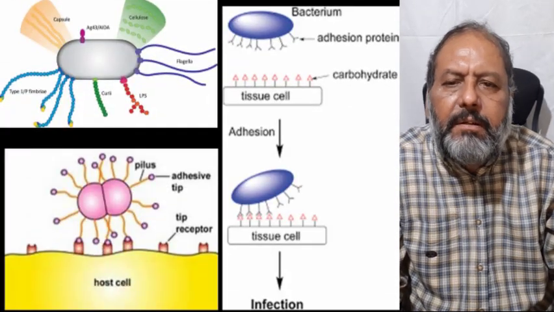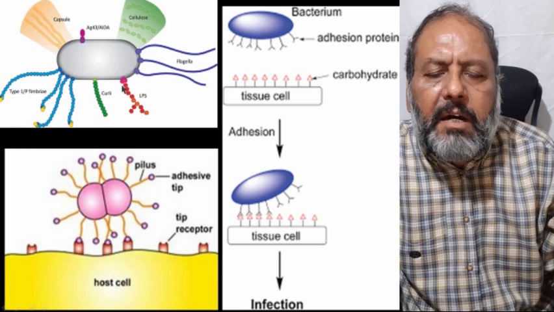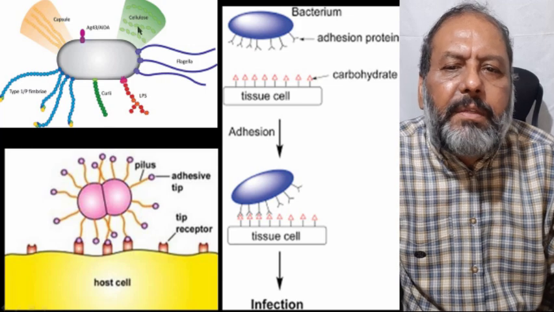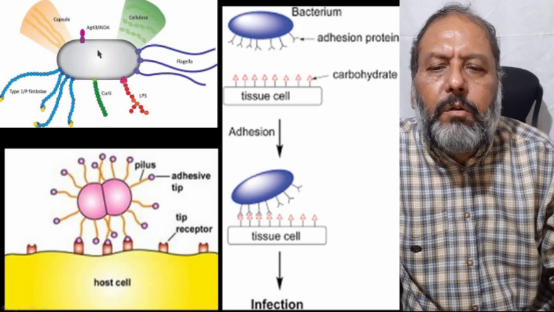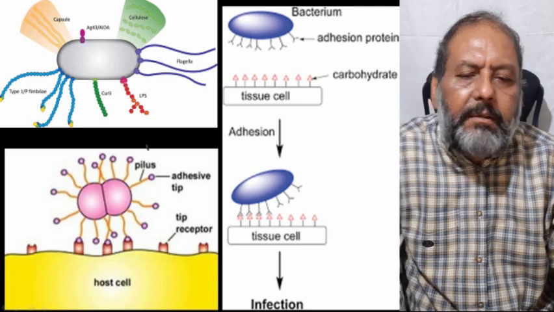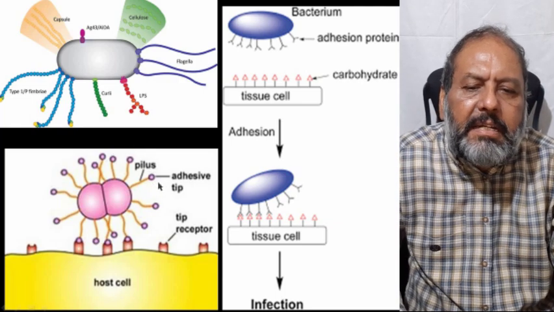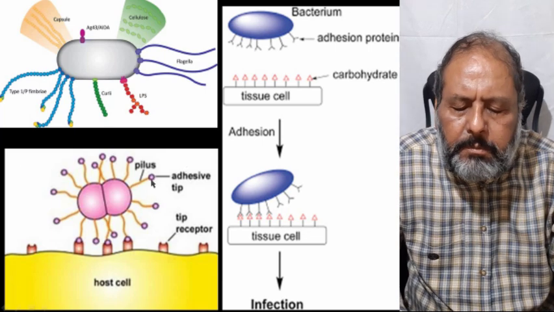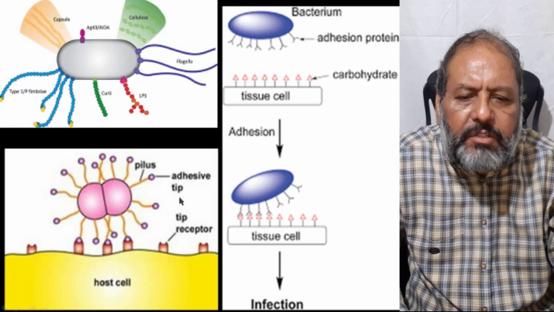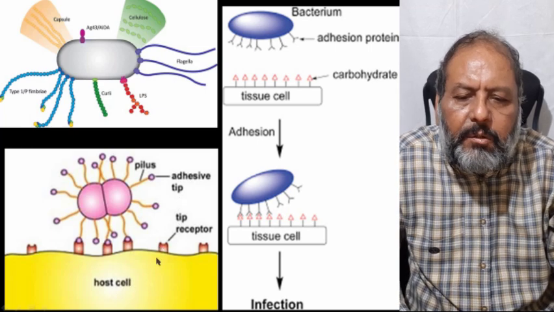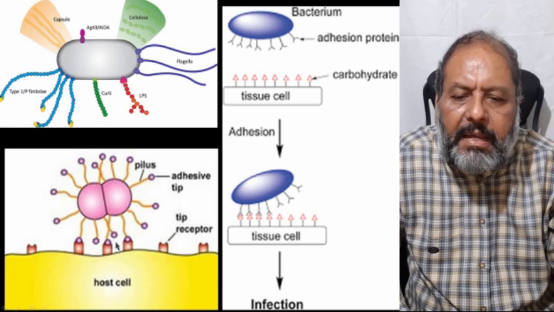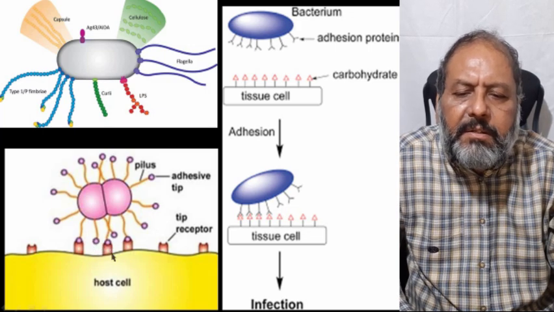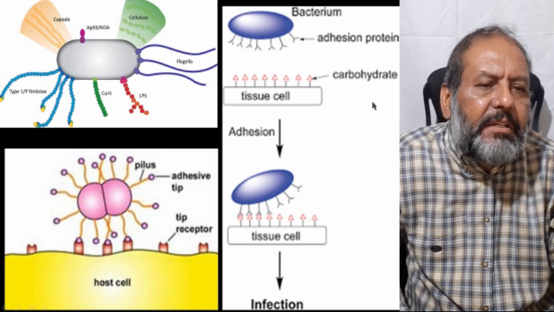Here one can see the different things which are capable of causing the adherence, that is LPS, flagella, then capsule, and glycocalyx, curly fibers, and here one can see the pilus. It has got the adhesive tips which just join to the surface of the host cell, and here one can see the host cell, and these tips are going to attach to the surface and then make the way for entering the bacteria.